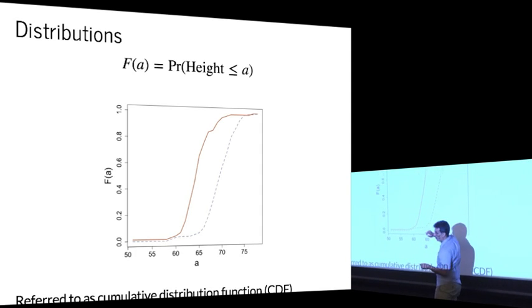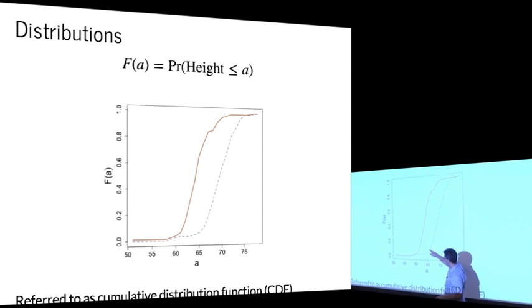And for those that are colorblind, it's dashed and solid. So what I can do here is say how many people are taller than 5'10"? About 50%. How many men are taller than 75 inches?